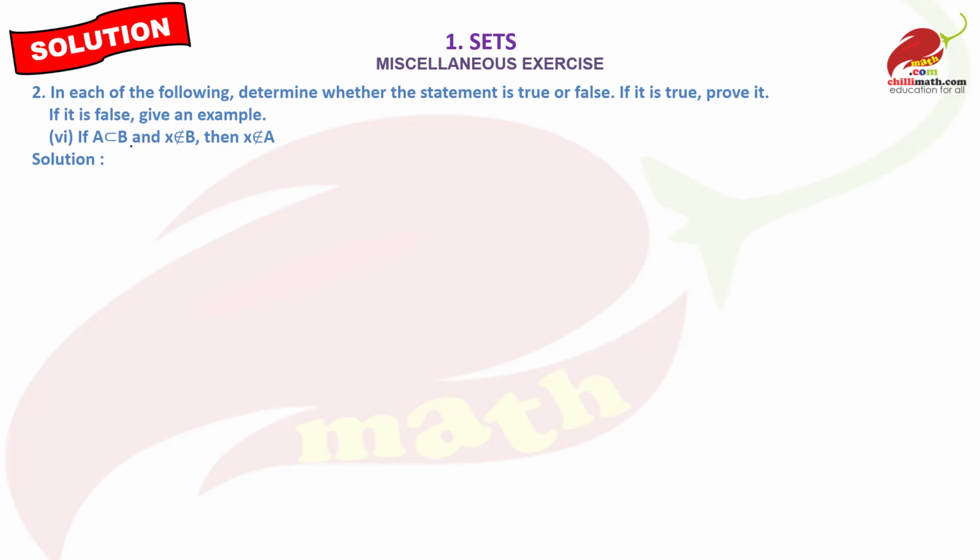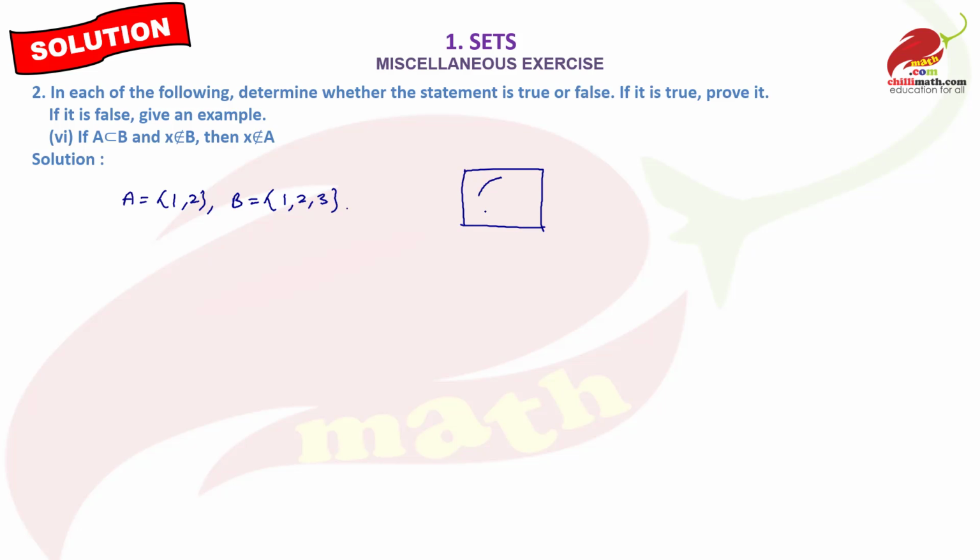If A is a subset of B and X does not belong to B, then X does not belong to A. Yes, it is true. Suppose A is {1, 2}, B is {1, 2, 3}, because A is a subset of B. So you can see any X which is not in B cannot be there in A. Or you can understand it using a Venn diagram.